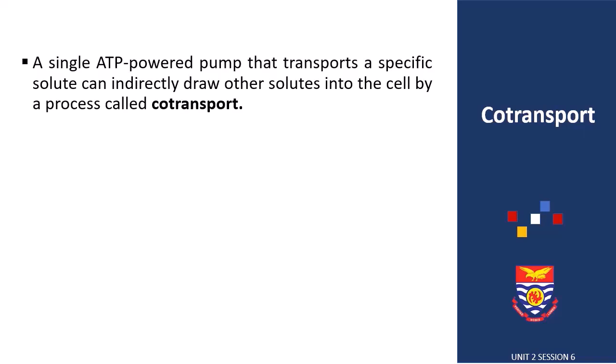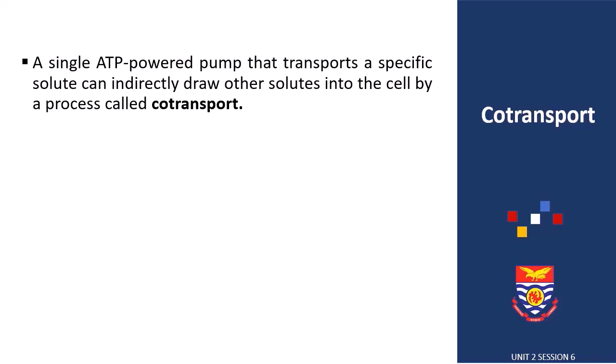Another mechanism of the transport of substances across the plasma membrane is co-transport. With regard to co-transport, a single ATP-powered pump that transports a specific solute results in the indirect drawing of other solutes into the cell.